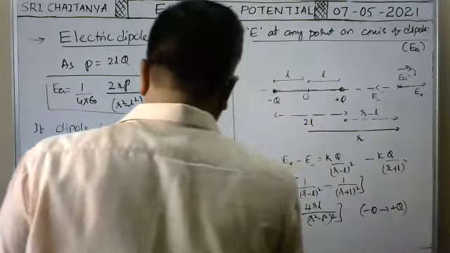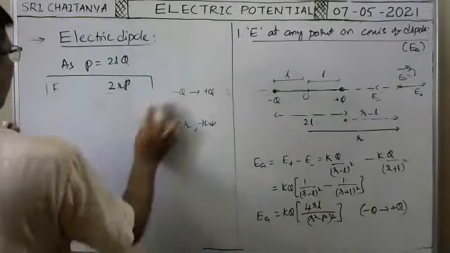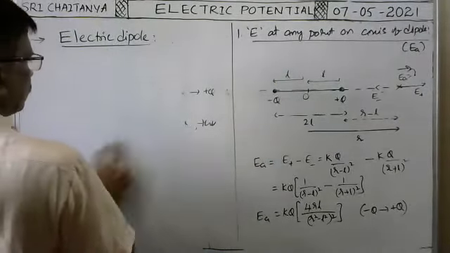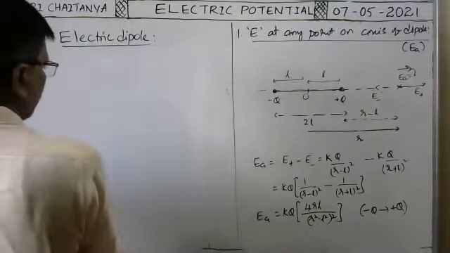Second one, intensity of electric field at any point on the axis of the dipole. Sorry, at any point on the equatorial line of the dipole.